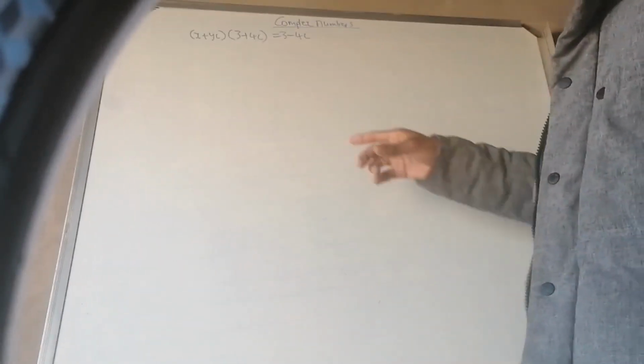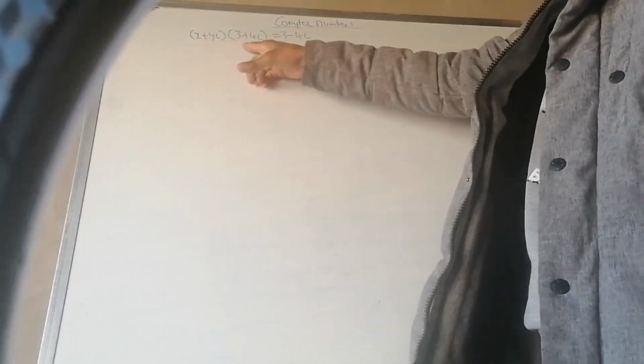We know there are two ways of looking at this. We can either make x plus yi the subject of the formula or 3 plus 4i the subject of the formula. So whichever way you choose that works best for you is fine. But I'm going to choose a method that can make things a little bit easier for me to work with.